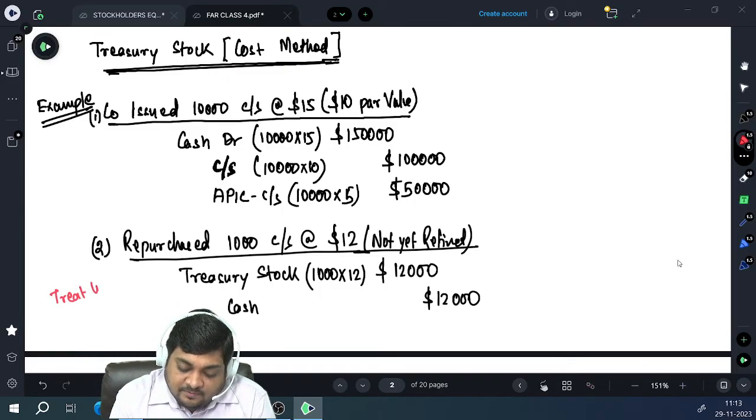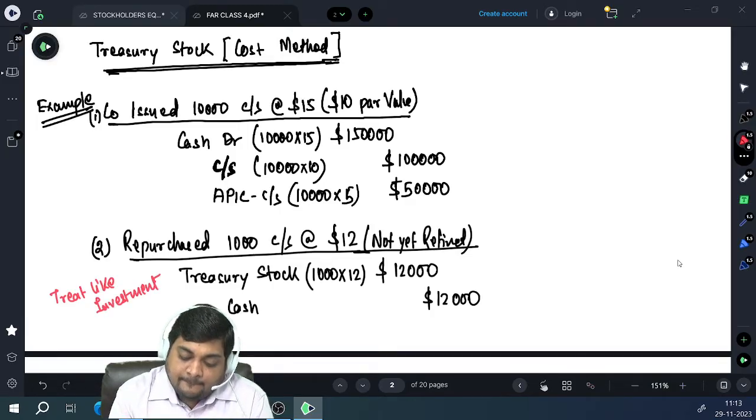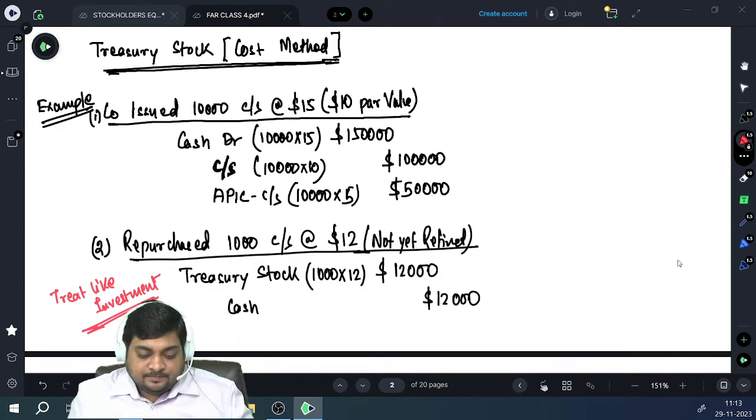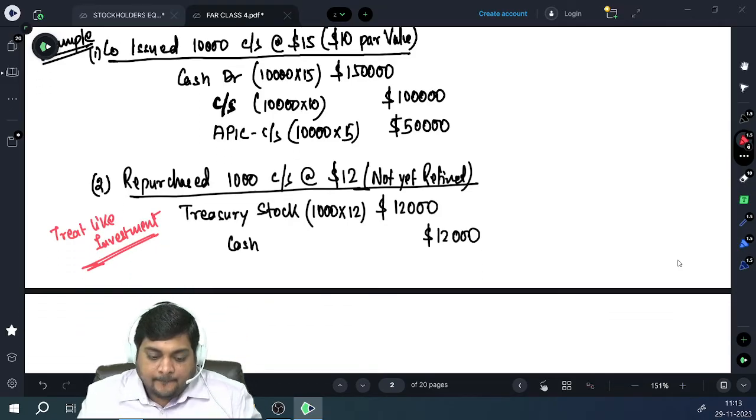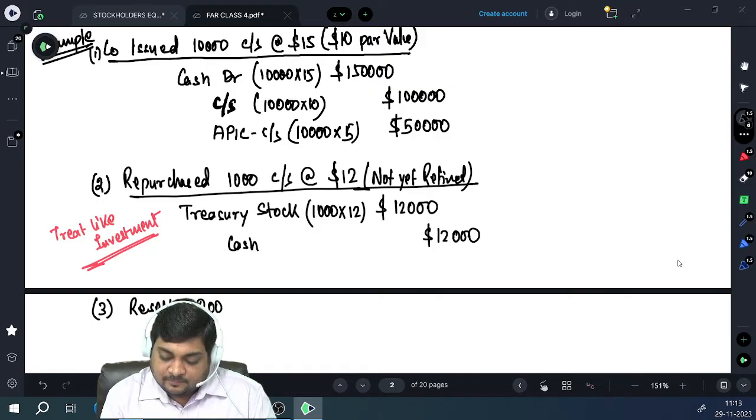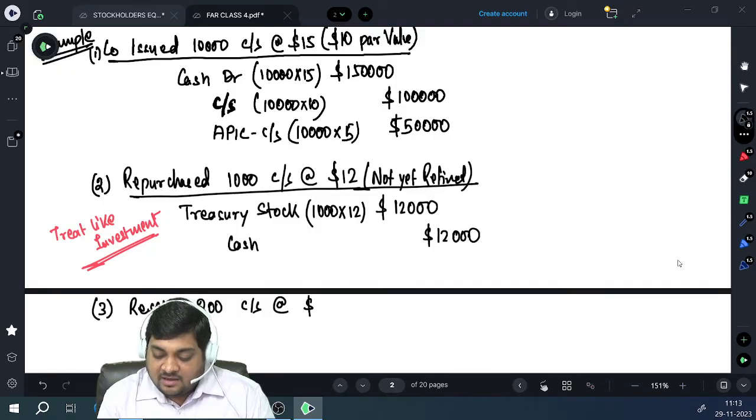Simply treat it like investment. Now if I resell, I'm reselling it at say 13.